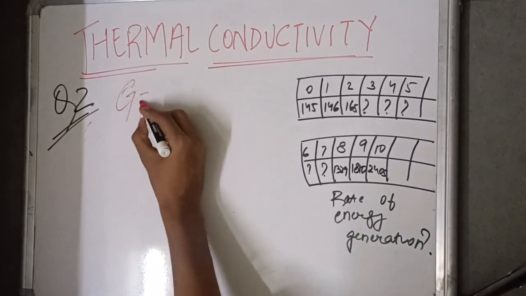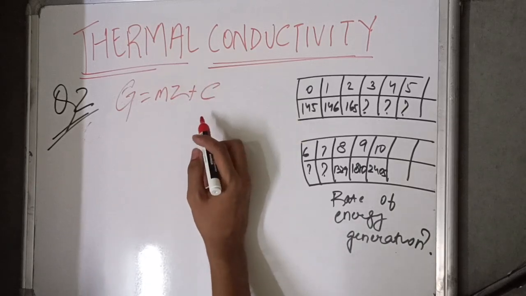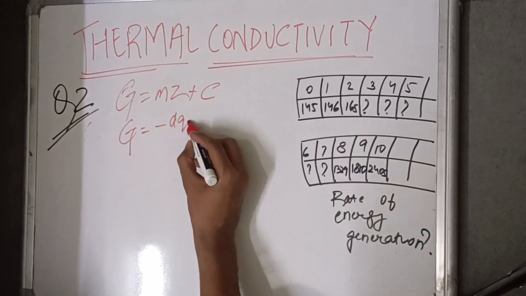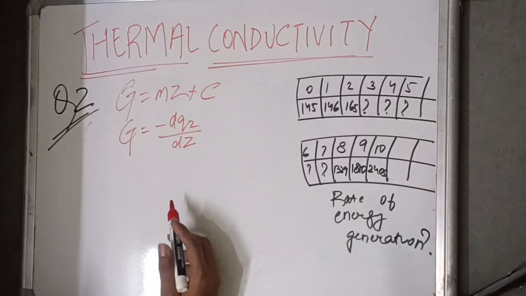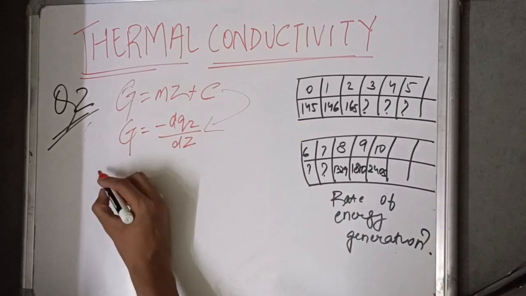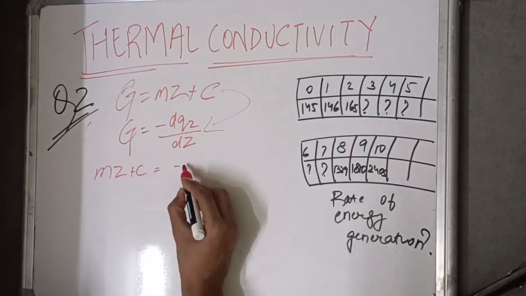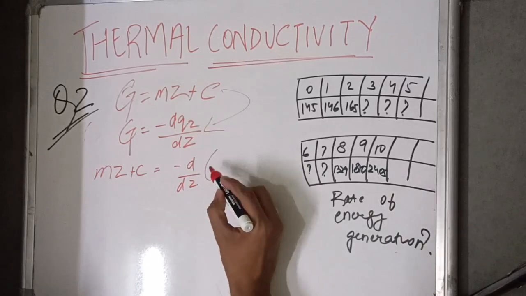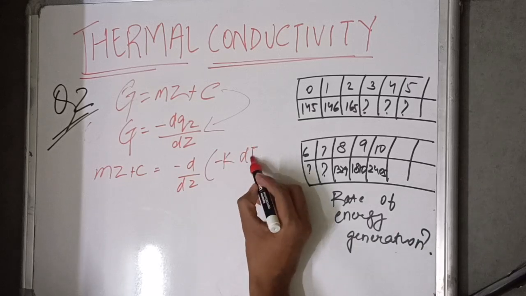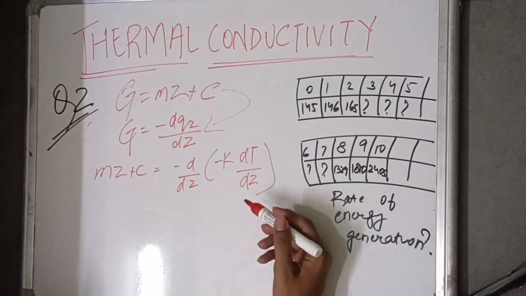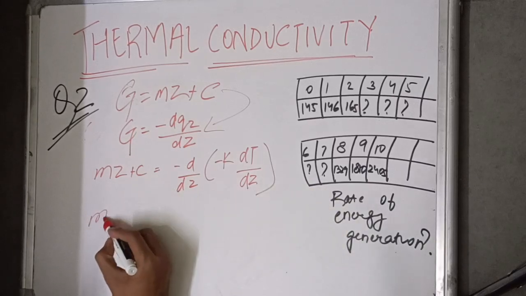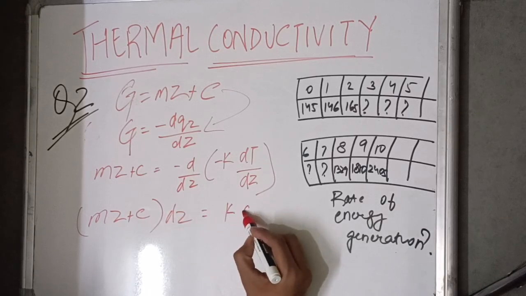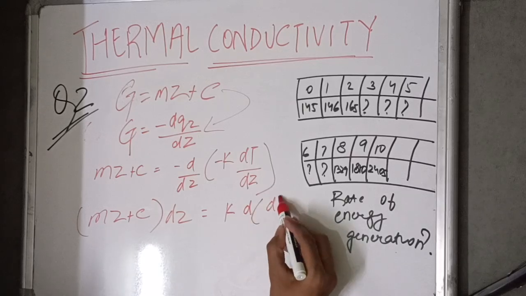We have got g equals mz plus c, and we know that dq by dz equals g. Putting this in, we got mz plus c equals minus d by dz of q. We know that q is from Fourier's law of heat transfer. We are just solving it: dt by dz.